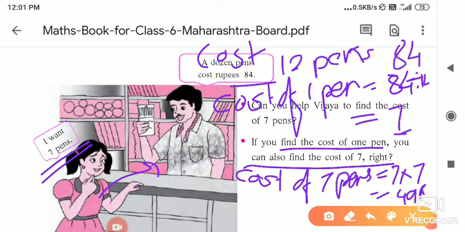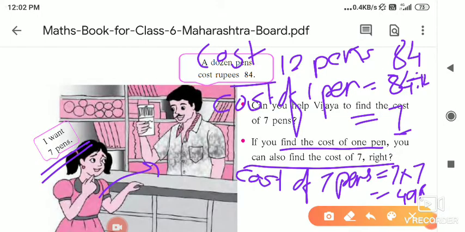From this activity, what we understand is that if the cost of a number of articles is given, from that we find the cost of one, and you just multiply one's cost by how many things you require. Then you get the amount that you have to pay the person.